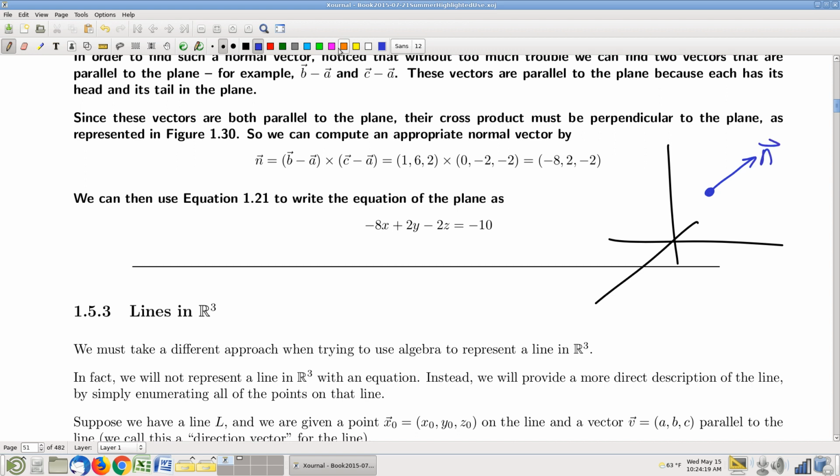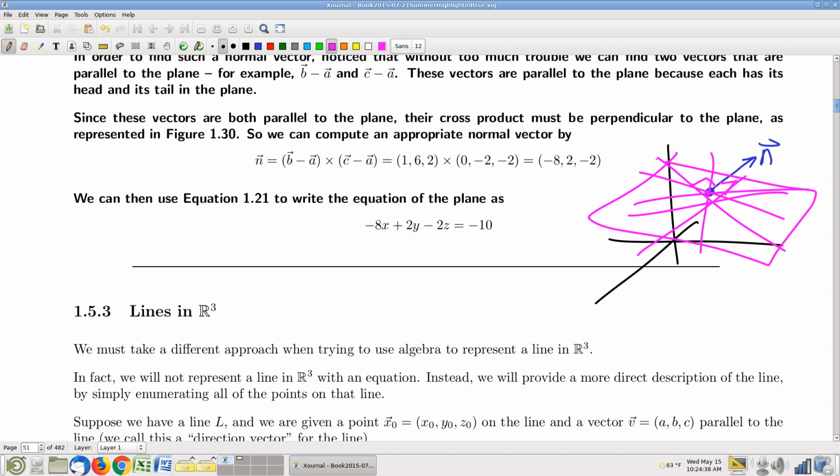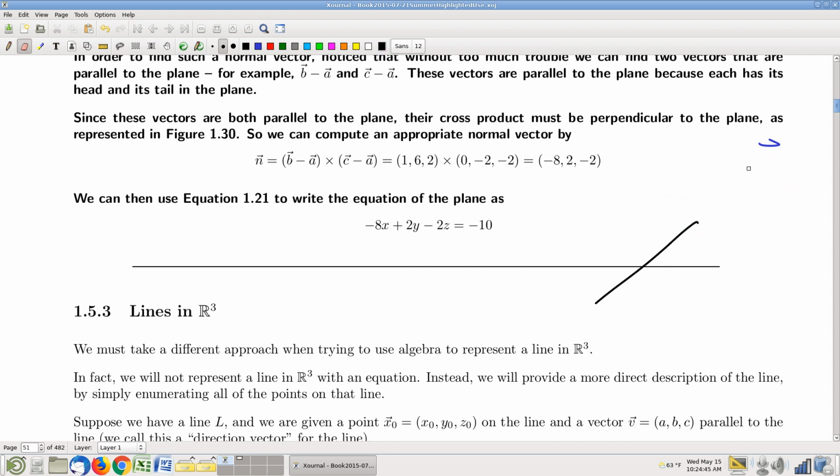Well, there's a lot of lines perpendicular to that normal vector. There's one. Here's a different one. Arguably there's a whole plane of lines that are all perpendicular to that same normal vector. So this whole approach that we were taking crashes and burns badly. We're going to have to take a totally different point of view on how to understand lines in R3.